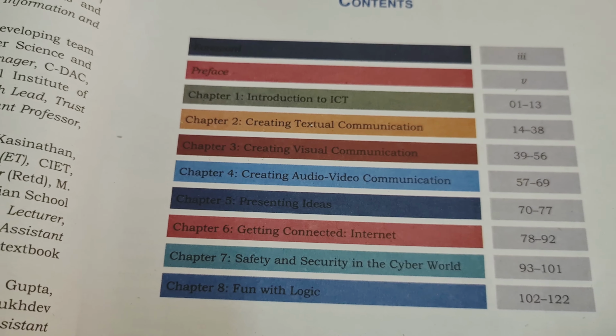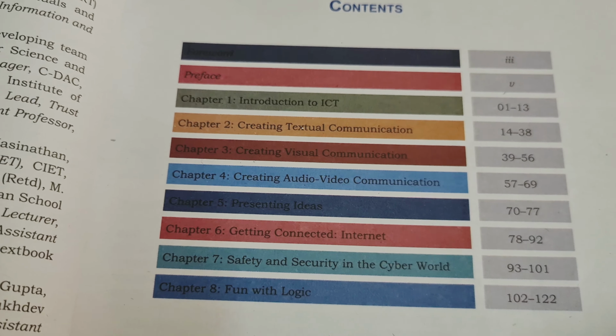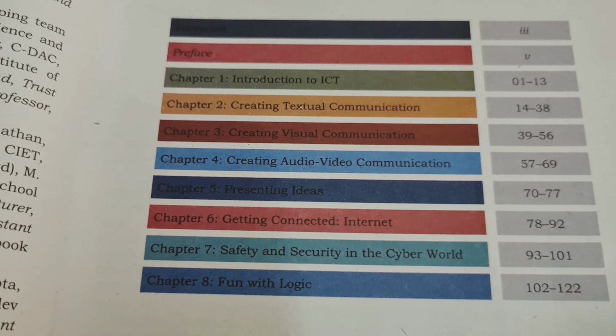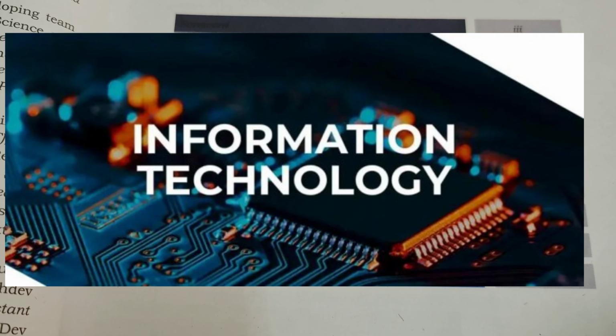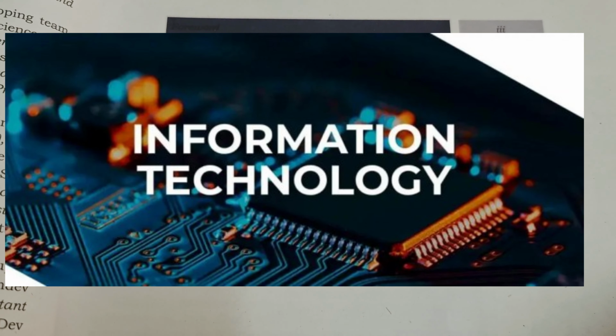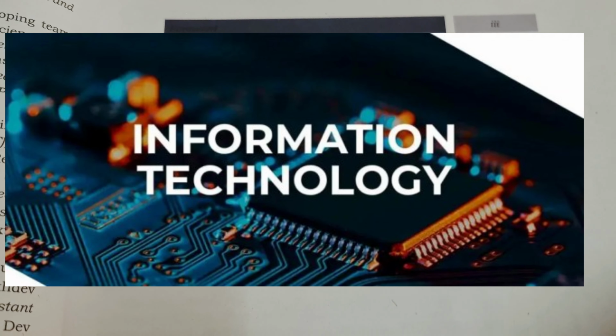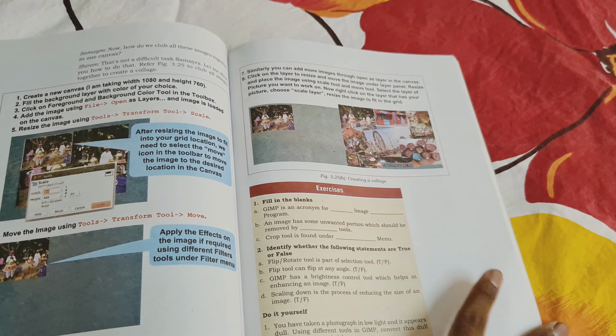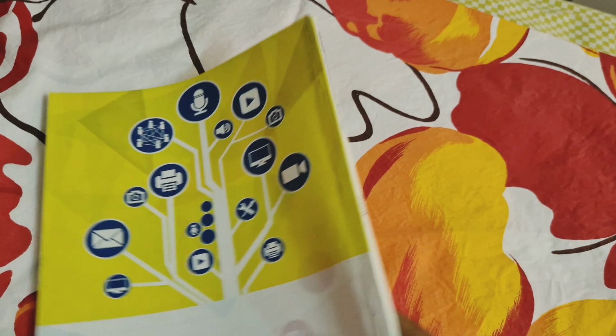Introduction to ICT, creating textual communication, creating visual communication, creating audio-video communication, presenting ideas, getting connected to the internet, safety and security in the cyber world, and fun with logic. Here's the book. That's ICT.